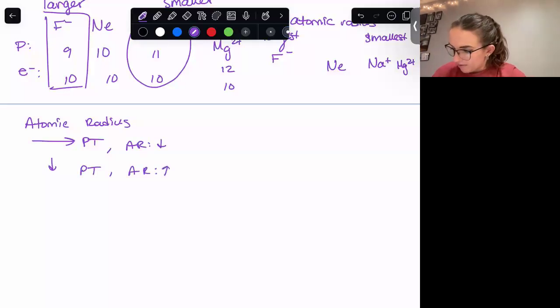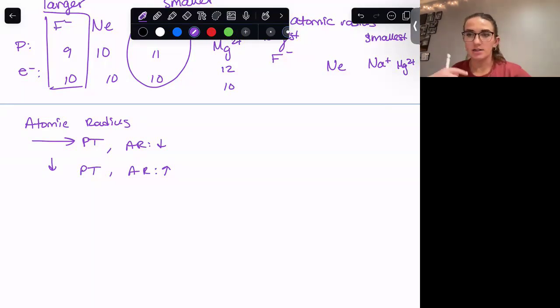It increases, right? As we go across, we're staying in that same shell and just adding more protons around that valence shell. There's nothing extra it has to reach out farther to, and the protons in the nucleus can pull those electrons in closer, decreasing the radius.